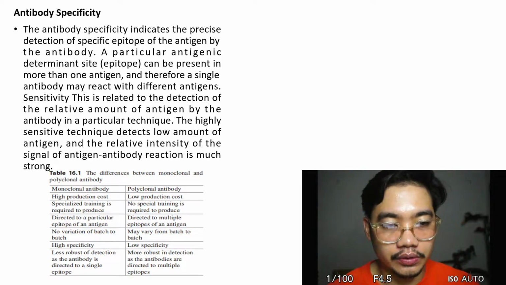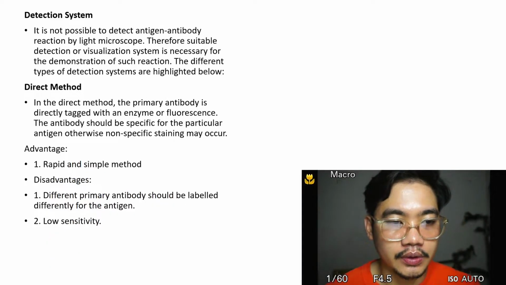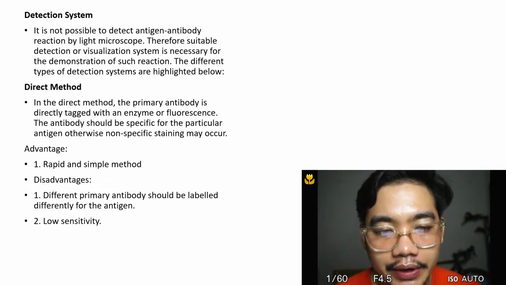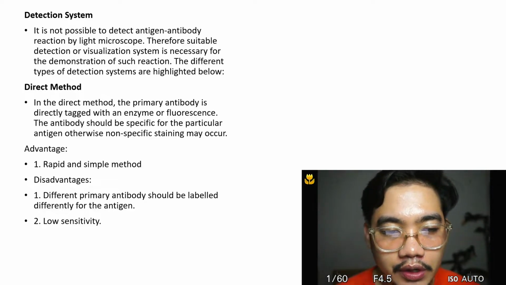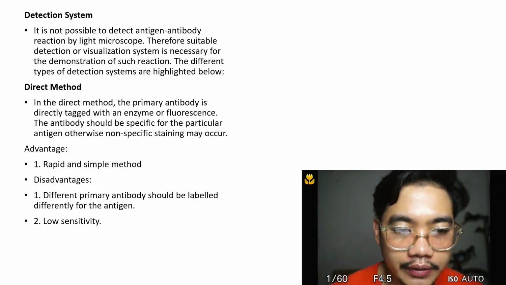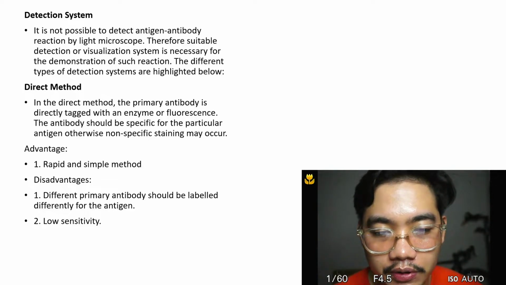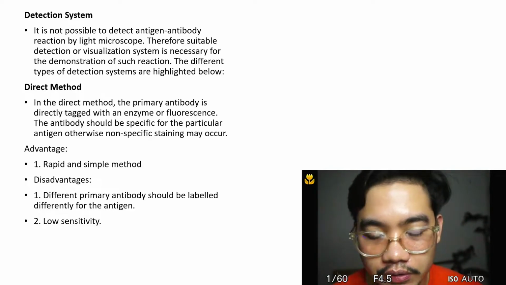So detection system. In the direct method, the primary antibody is tagged directly by an enzyme or fluorescence. The antibody should be specific for the particular antigen, otherwise non-specific staining may occur.